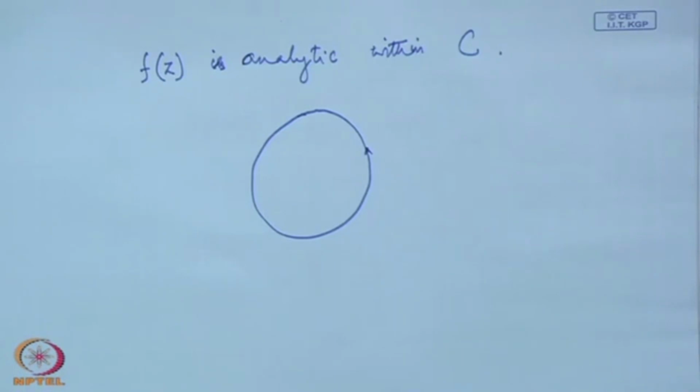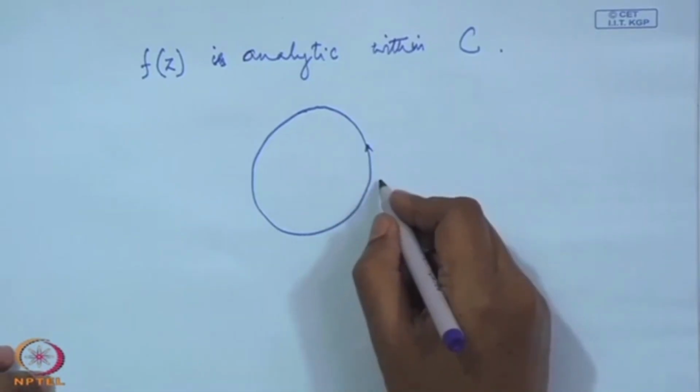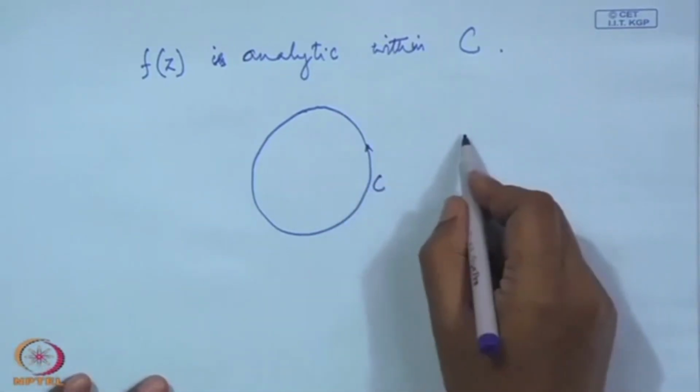Then the integration of this function is also path independent. If we take any path from one point to the other, integration across any path is independent of that choice of path. So, if we have a closed path, the integration of this is 0.